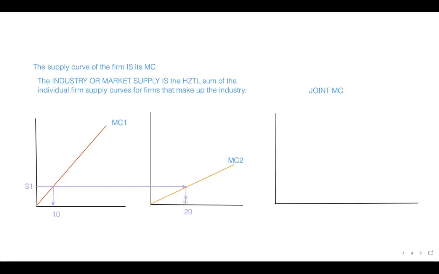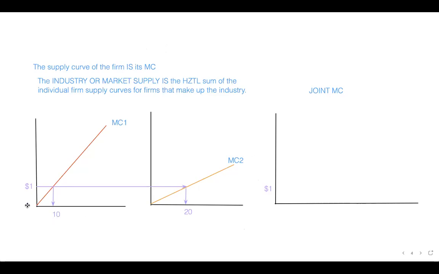And then at a price of $1 at the industry level, and this is why we use horizontal sum, because I add up in the horizontal dimension.